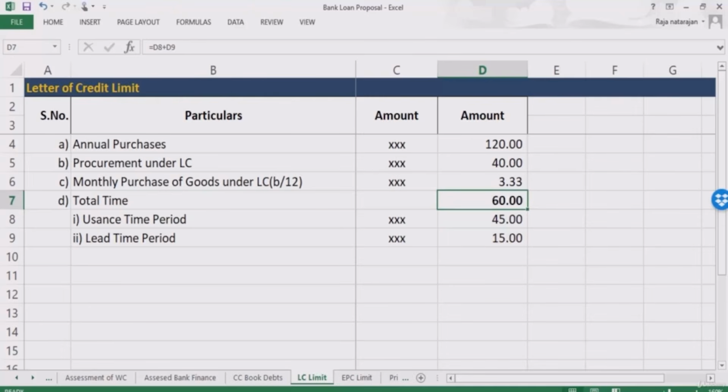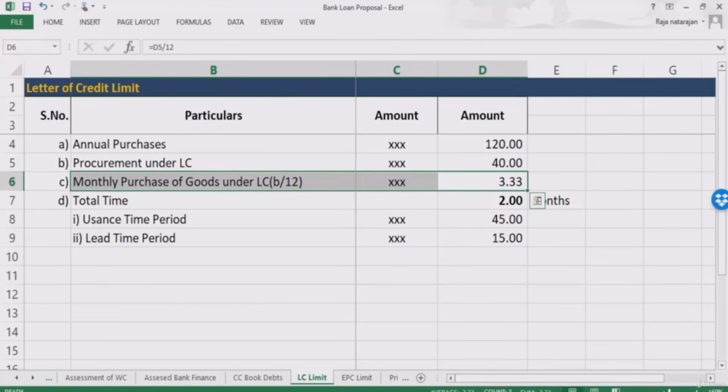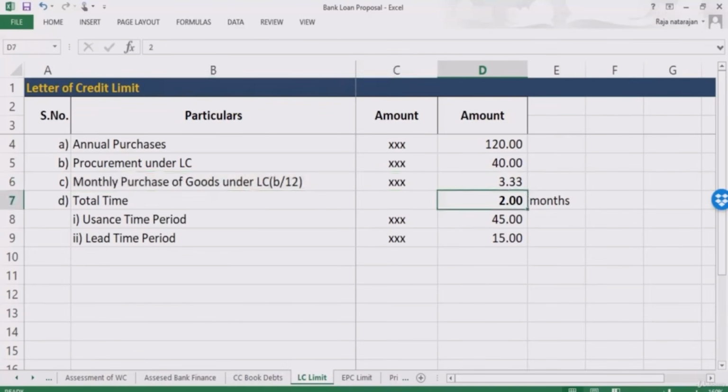That is equivalent to 2 months, right? This is 60 days, which I'm going to say as 2 months. So what is the monthly purchase of goods under LC? It is 3.33 crore. And I should give LC for 2 months requirement.